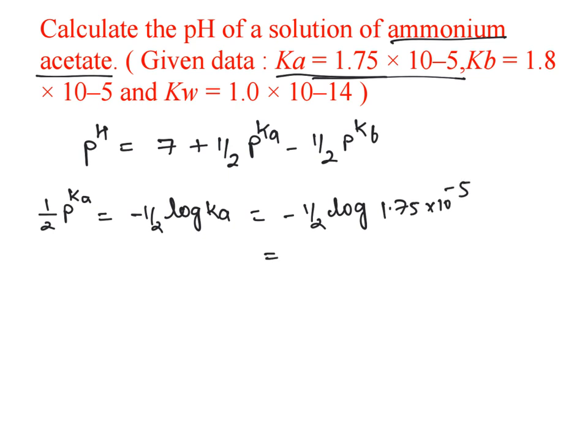If I solve here, approximately this value equals 4.75, and with the minus 5, overall it becomes positive, so it comes to 2.37. Similarly, 1 by 2 pKb equals minus 1 by 2 log Kb.